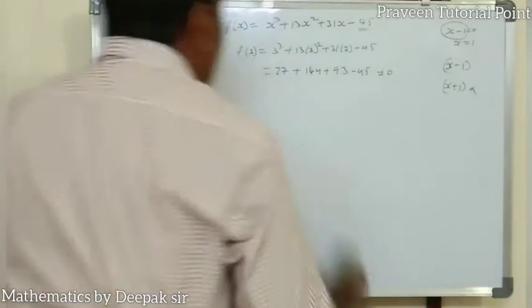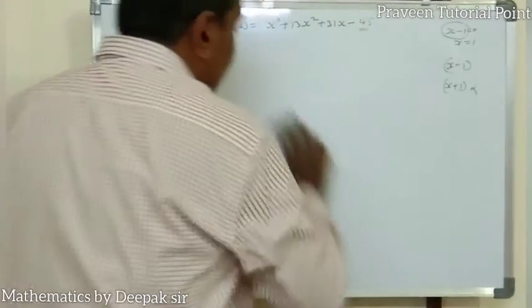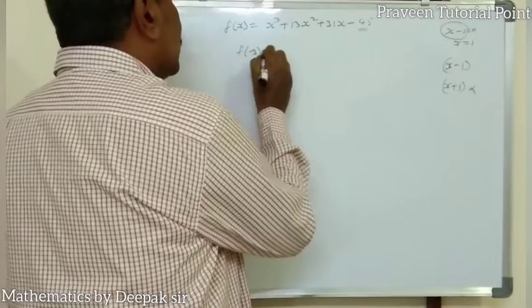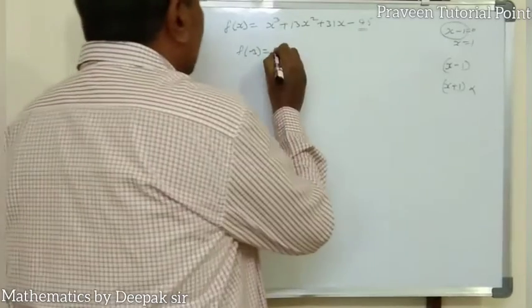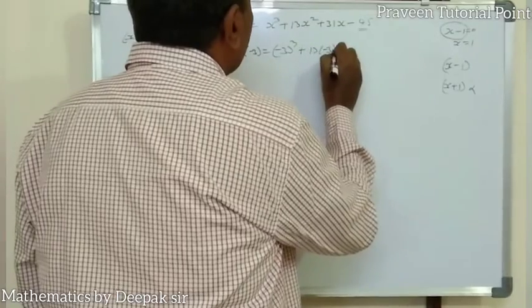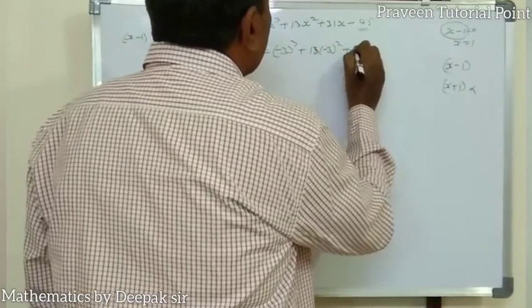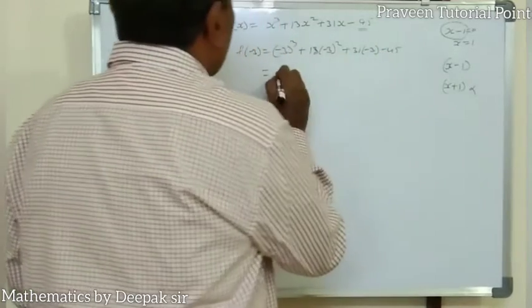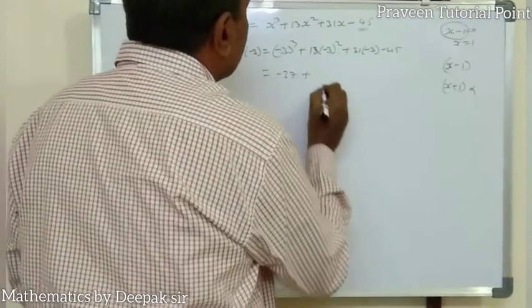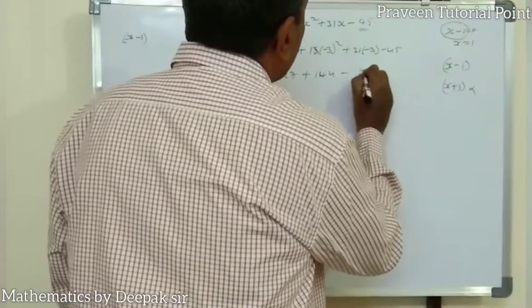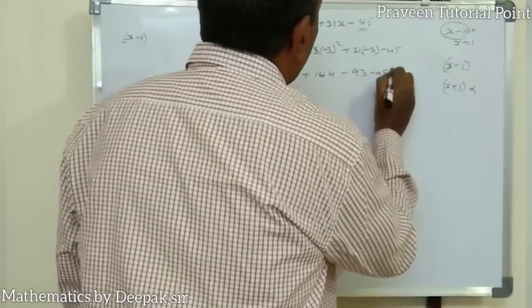Similarly, f of minus 3 is also not a factor, because minus 3 whole cube plus 13 into minus 3 whole square plus 31 into minus 3 minus 45 gives minus 27 plus 117 minus 93 minus 45.